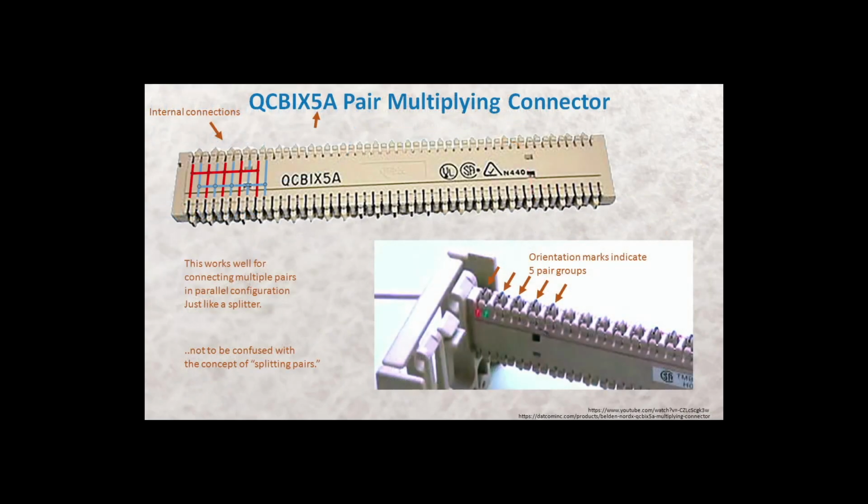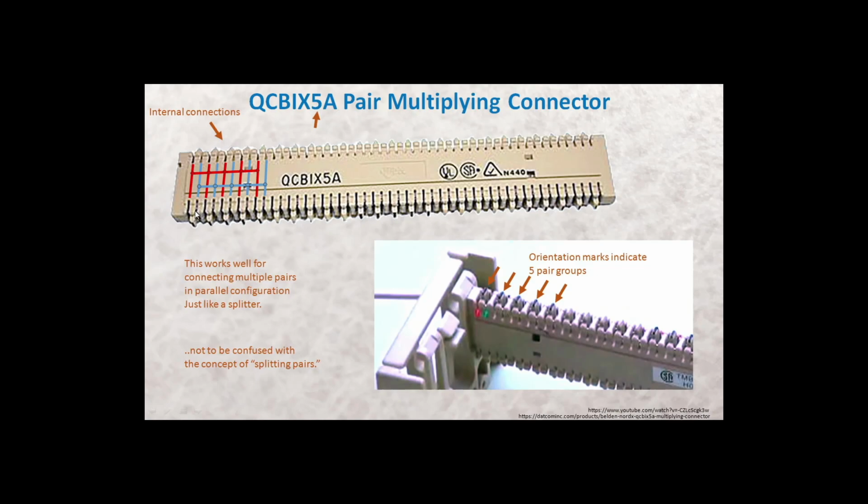All right, now there are also BIX 5A. So now see this number here, 5. These are pair multiplying connectors. You're not going to see them as much. This is basically as if you want to split one pair. Now this is not to be confused with splitting pairs, and I'm going to explain to you what splitting pairs is later on.